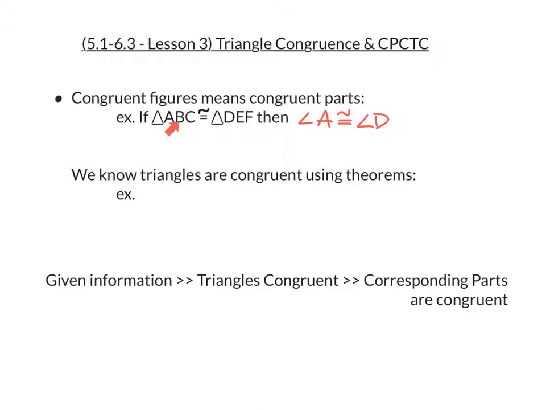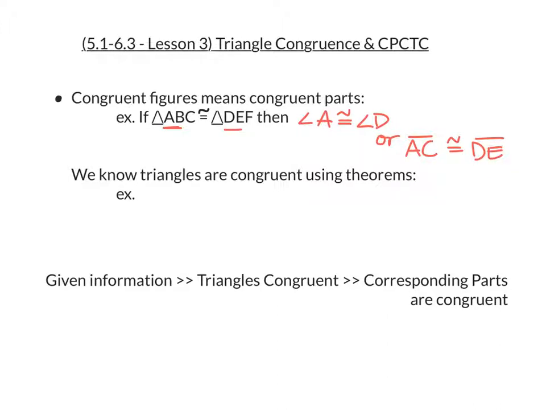I could also say angle B is congruent to angle E, or angle C is congruent to angle F. It also tells us that sides or segments are congruent. So for example, I could say that side AC is congruent to, in the corresponding order, DE. That was the first thing we learned when we learned about congruent figures.